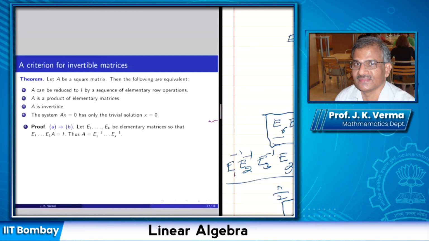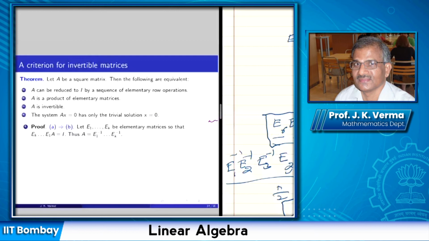And this says that A is a product of the inverses of the elementary matrices which were used to perform the elementary row operations on A. So we have proved: if the row canonical form of A is the identity matrix, then A is a product of elementary matrices.